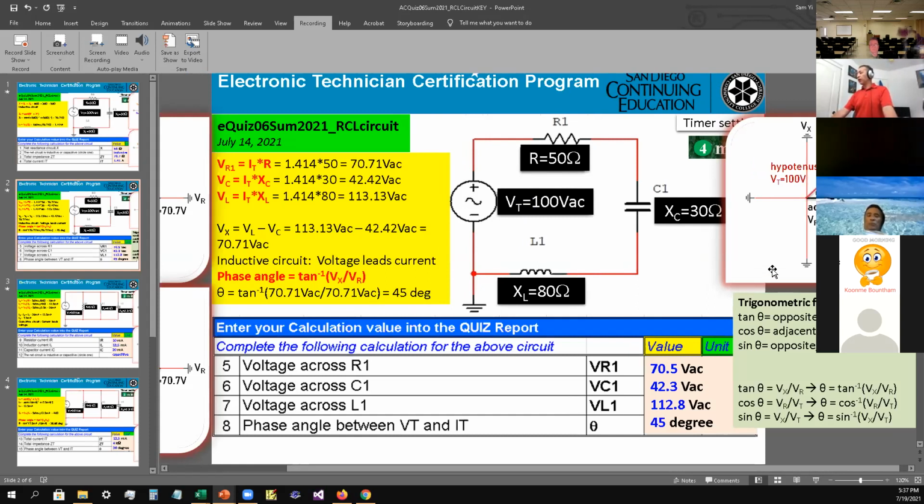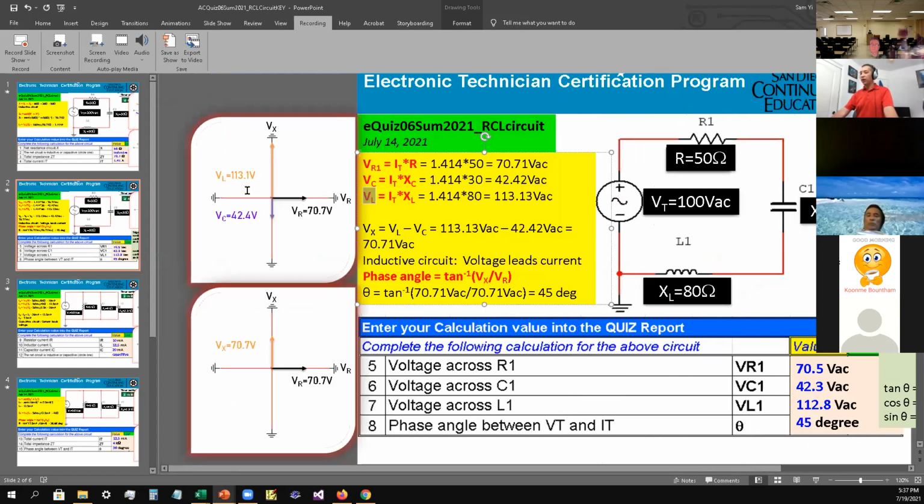So I calculated VR, VL, VC, and now all I have to do is look at that and put it into the graph. Here's my VL, which is going to be pointing to the positive side, because in an inductor, voltage leads current, so when it's leading, it's pointing up. Anything lagging is pointing toward the bottom.